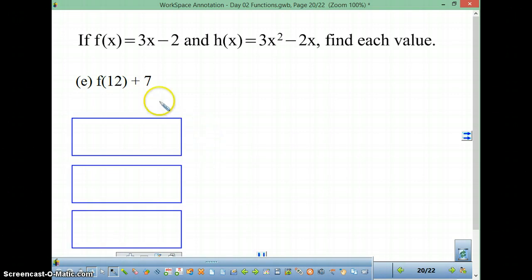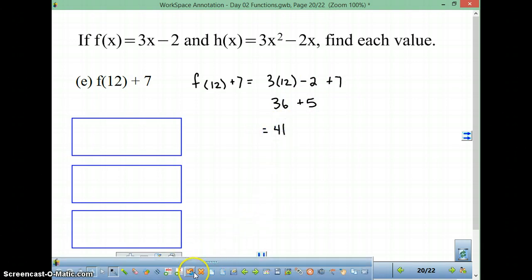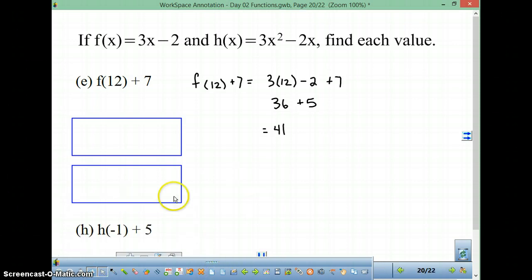Let's make them a little harder. What if you have f of 12 plus 7? Try this. Well, f of 12 plus 7 is equal to 3 times 12 minus 2 plus 7. Okay? So 36 plus 5, combining these two terms, equals 41. Let's try one more. A little harder. Let's try h of negative 1 plus 5.